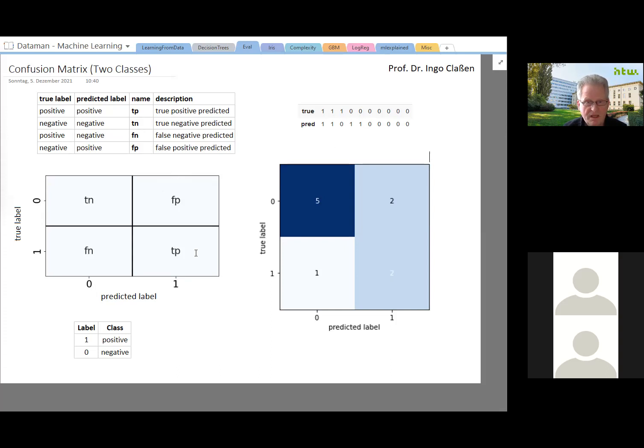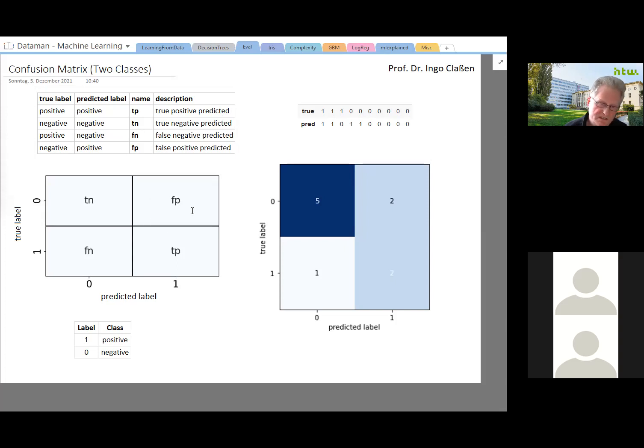This table here clarifies the phrasing a little bit. If the true label is positive and the predicted label is positive, it's called true positive. You should not say just true positive, but true positive predicted. That makes it a little bit clearer.